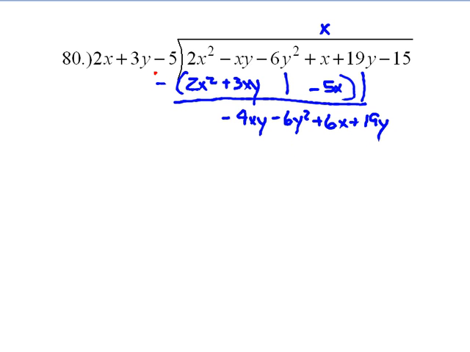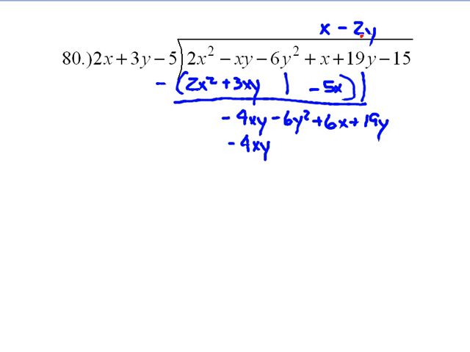Okay, I'm still going. 2x into 4xy. Well, I know I need a y, and I need a negative 2. So we'll put that above the y. Negative 2y would give me negative 4xy.